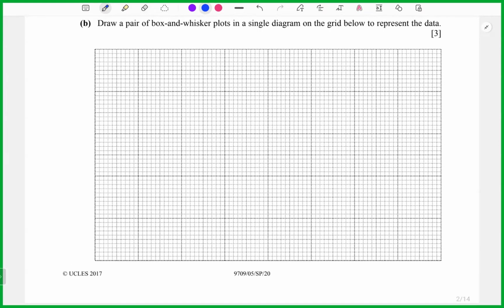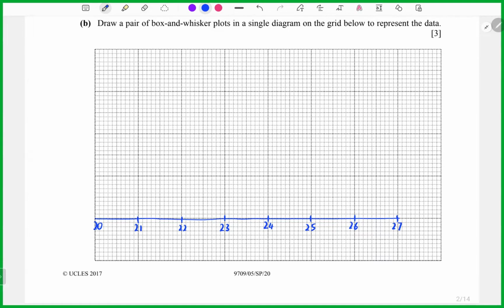First, I will sketch the straight line. Then I will label 20, 21, 22, 23, 24, 25, 26, and here is 27.